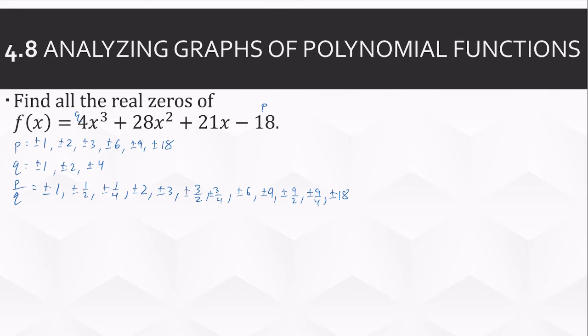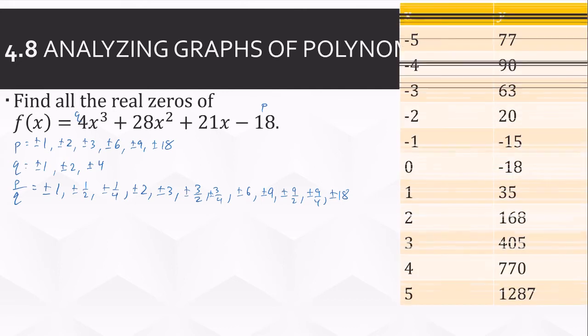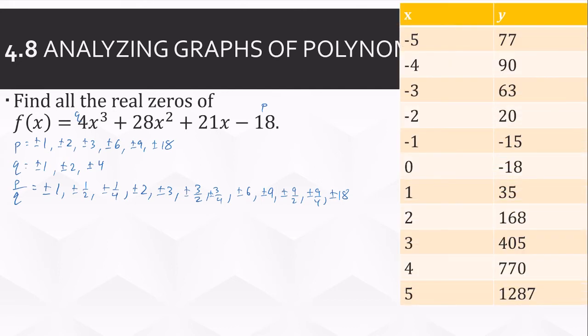So I'm going to look at a graph or make a table. So I made a table. All right, so I can see right there is a change in sign. So that is between -2 and -1.